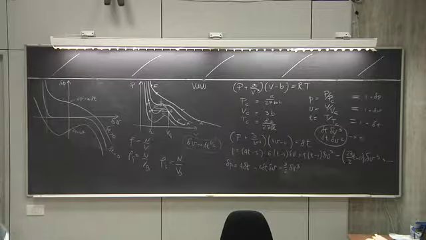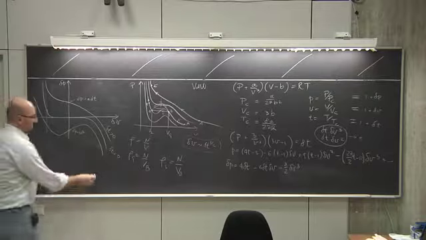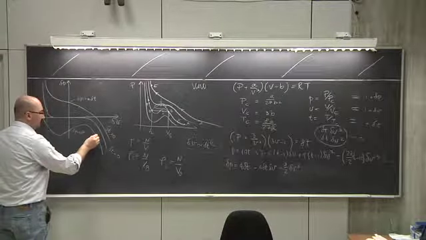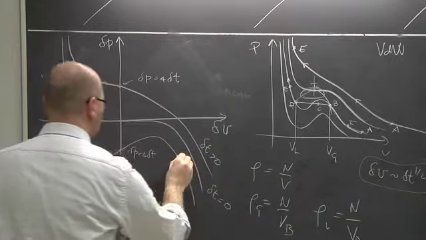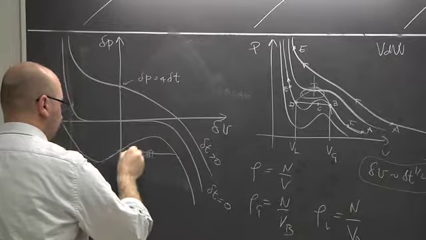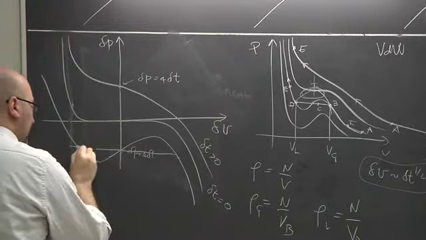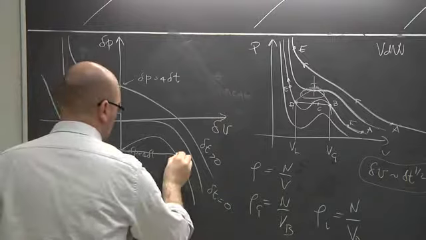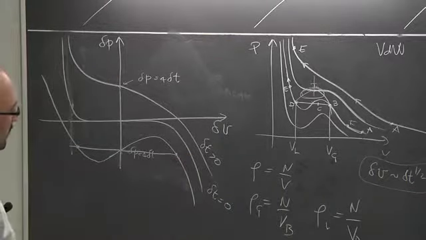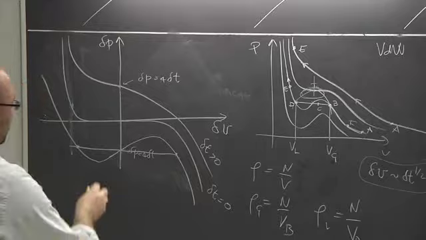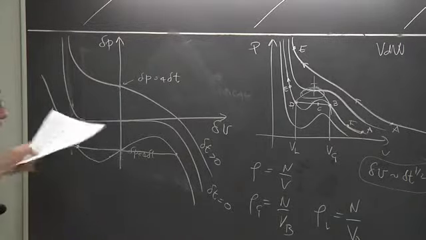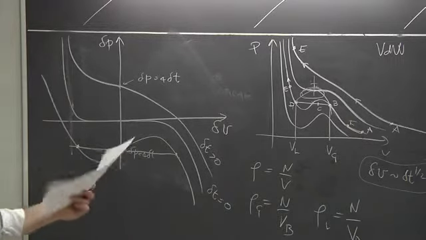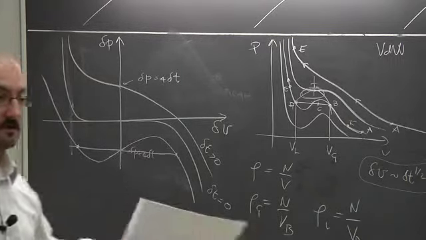And as you know, we have to do Maxwell construction. So actually, this is gas. I follow it up to a certain point here, and then I start generating liquid, up to a certain point where all the substance is in liquid form.